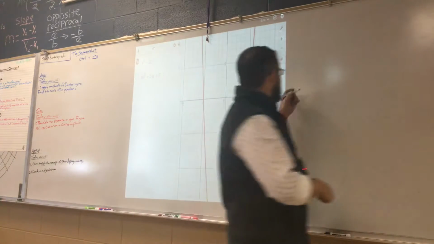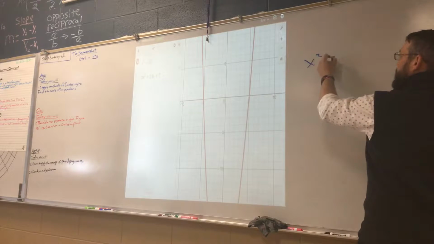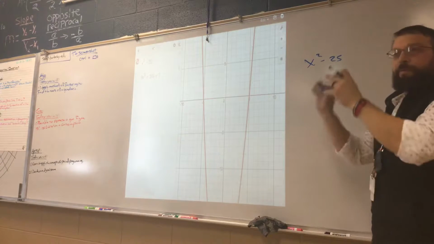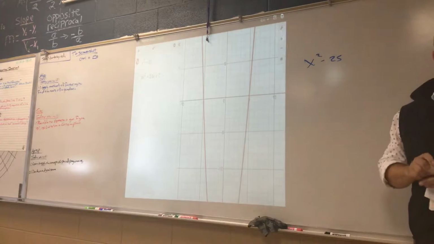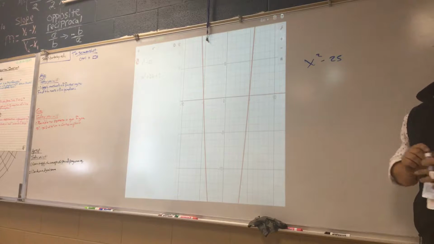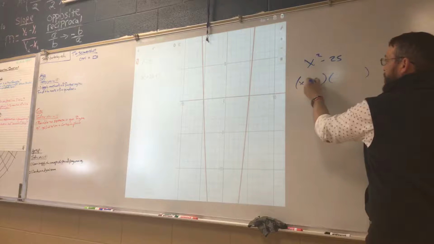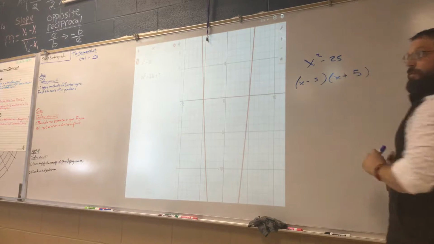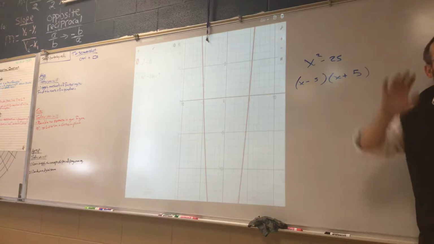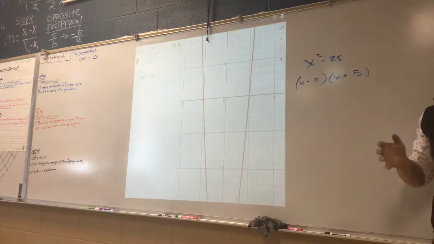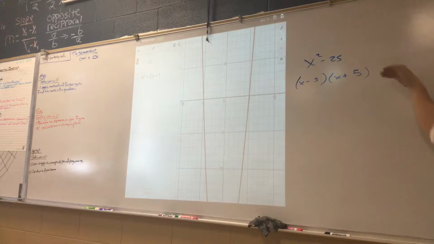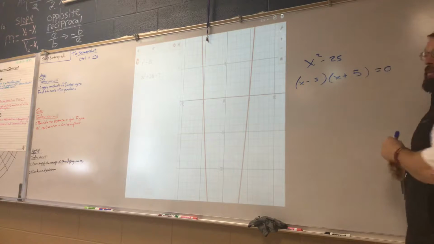So, y'all remember the answer to this one? Like when we factored it, do you remember the answer? Right. So the one new step that we're going to take is, we're going to take both of these factors and set them equal to 0.